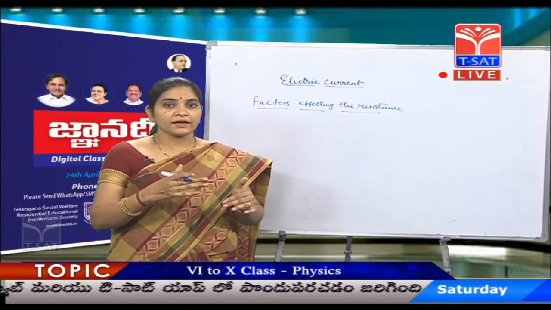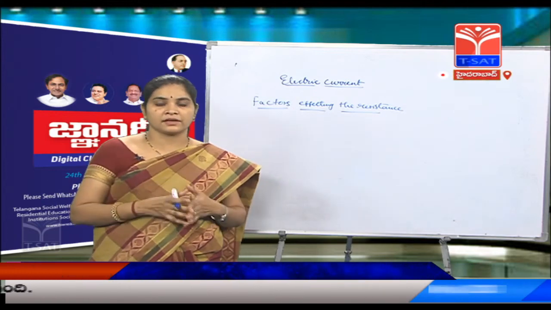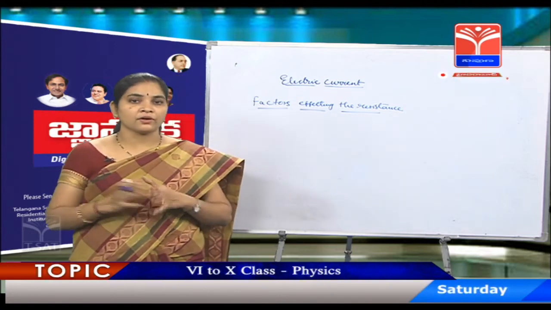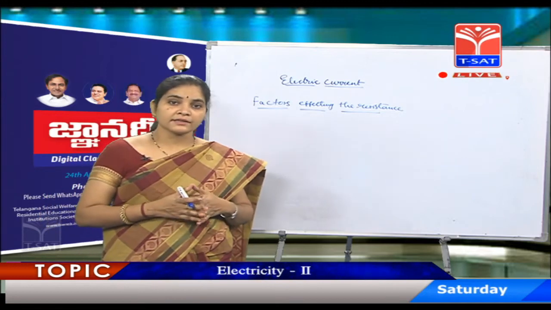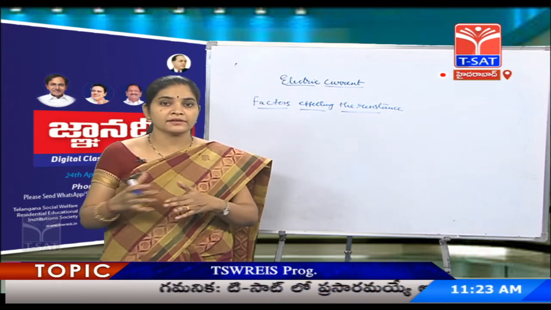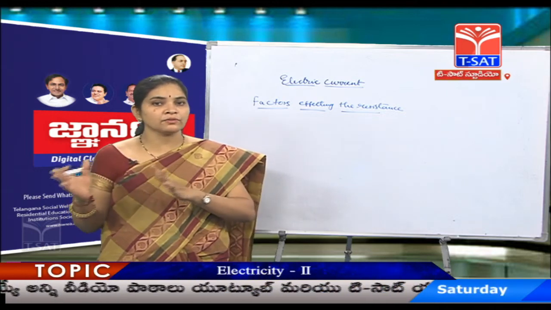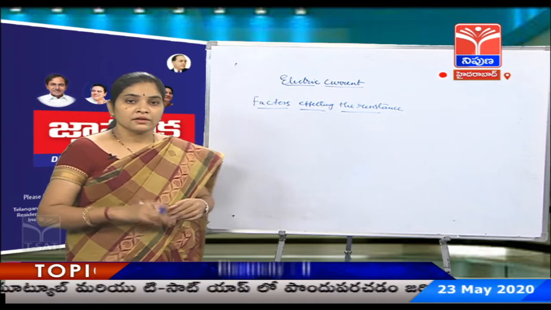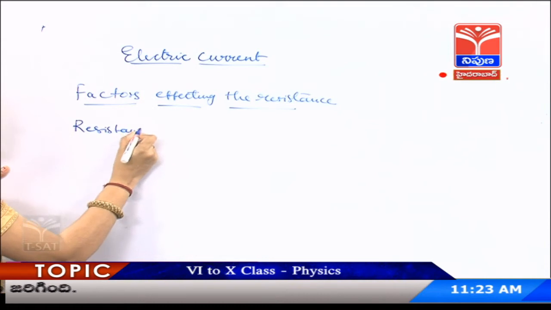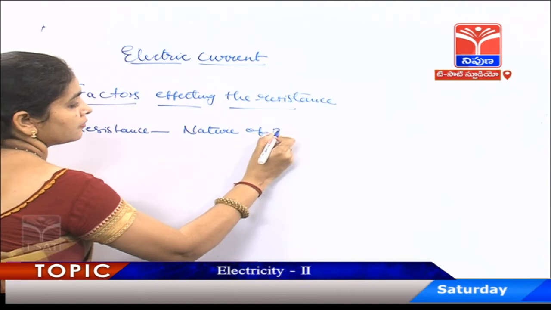Whereas if we make the filament with a tungsten wire which has high resistance, on passing electricity the filament turns red hot and emits light and heat energy. So what we understand from this example is resistance varies from material to material. We can say that resistance depends on nature of material.